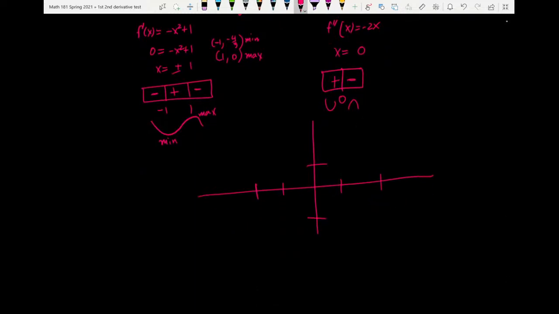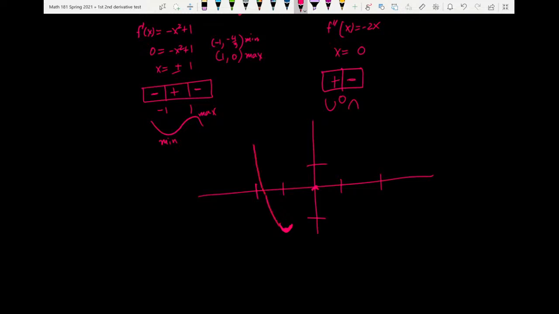So negative 1, negative 4/3, that's my minimum. And my maximum is at 1, 0. Ooh, this is going to be interesting. But your point of inflection is over here.